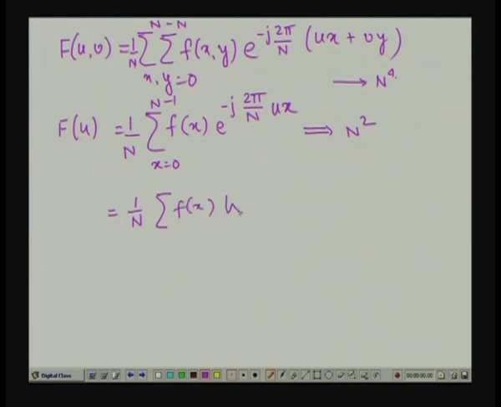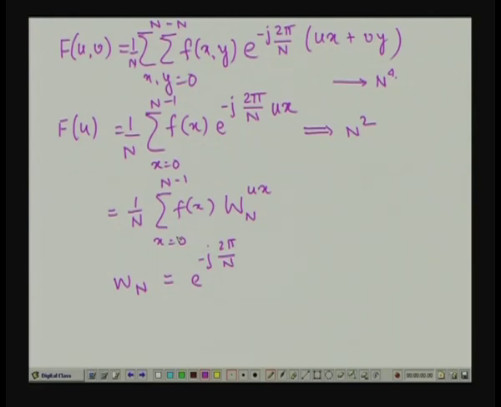Now, I introduce a term W_N to the power ux, where x varies from 0 to capital N minus 1. Here, W_N is nothing but e to the power minus j 2 pi by capital N. So, we have simply introduced this term for simplification of our expressions.